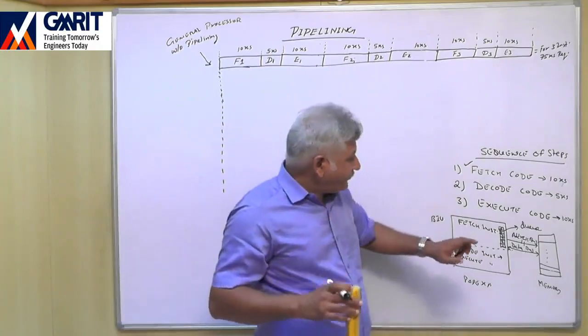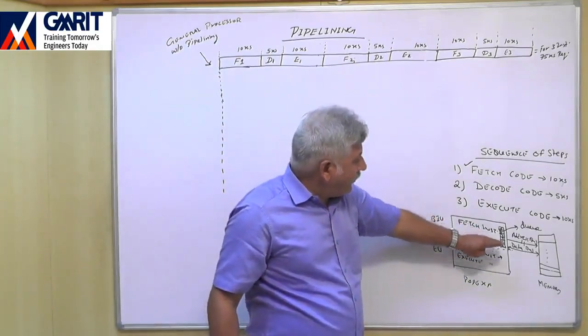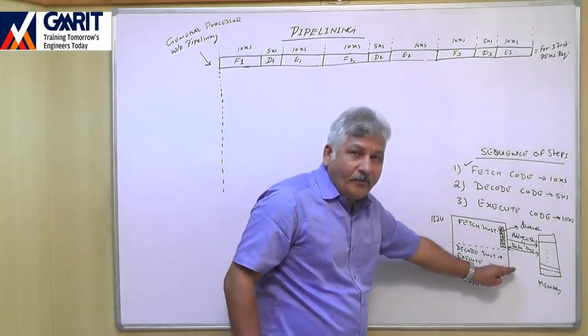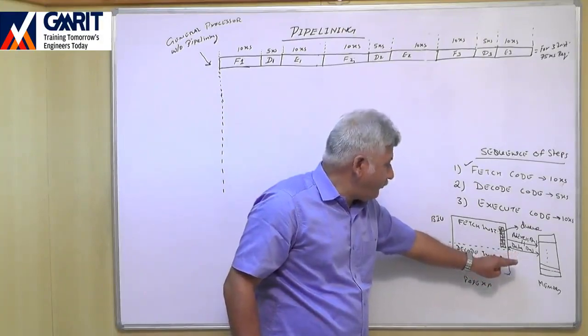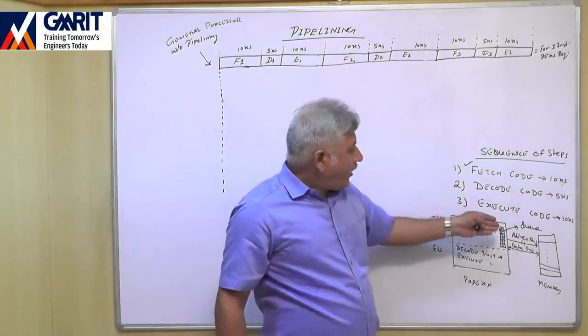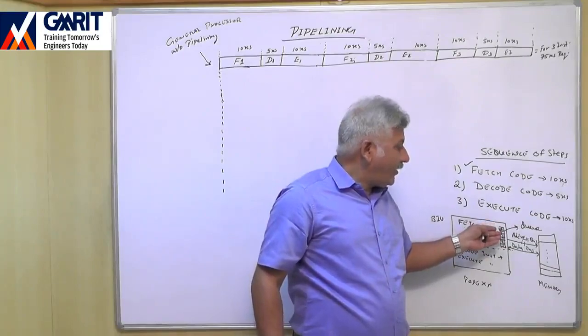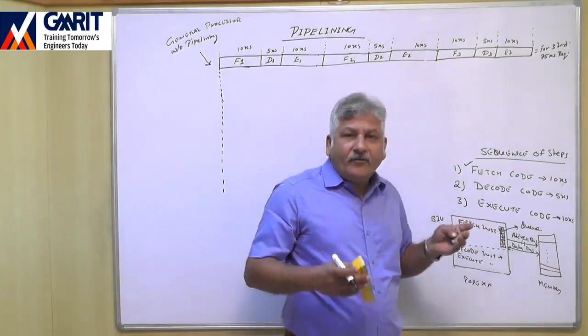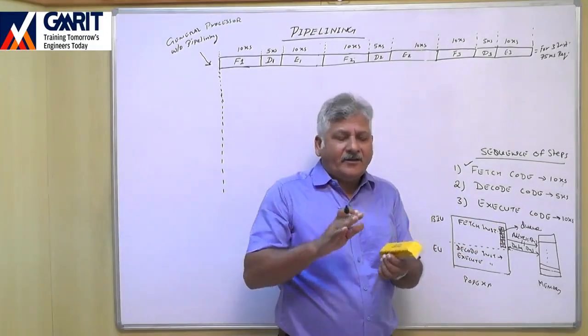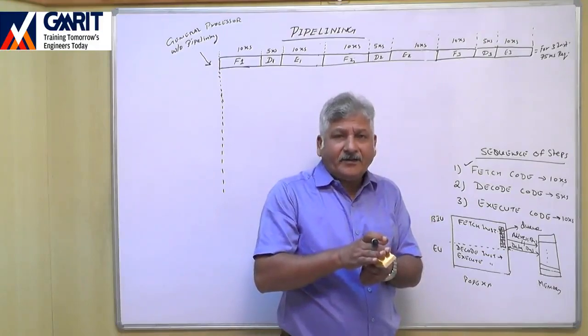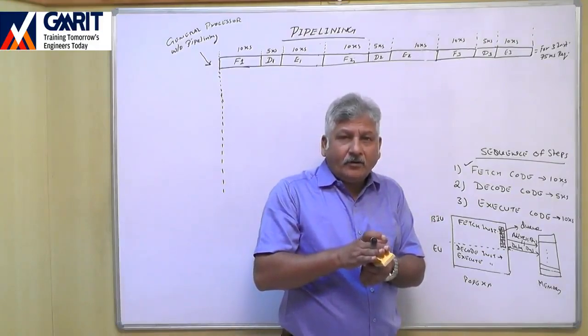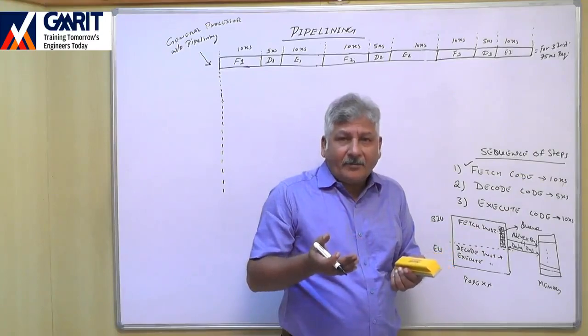Now you think, during this 15 microseconds, when the processor is decoding and executing, this bus interface unit, if it is not doing anything, it is simply idle, right? So there is a waste of time, right?